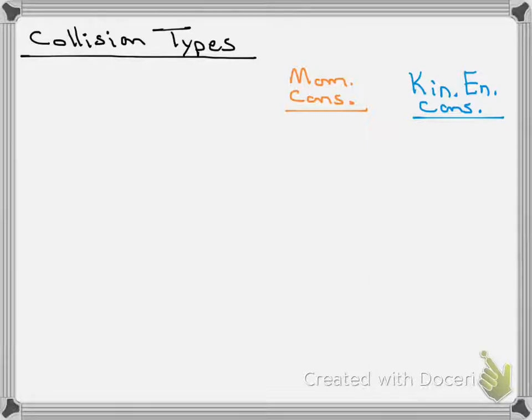There are basically three different categories of collisions. The first one we are going to talk about today is called an elastic collision. In an elastic collision, not only is the total momentum of the system of objects that's colliding with one another conserved, but the kinetic energy is also conserved.